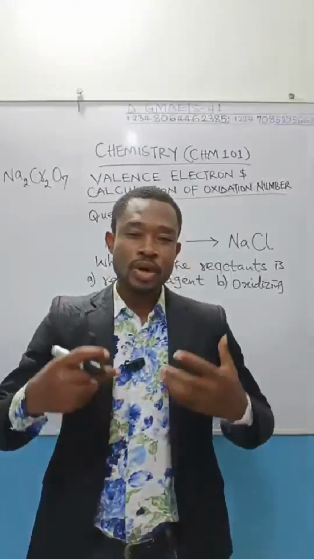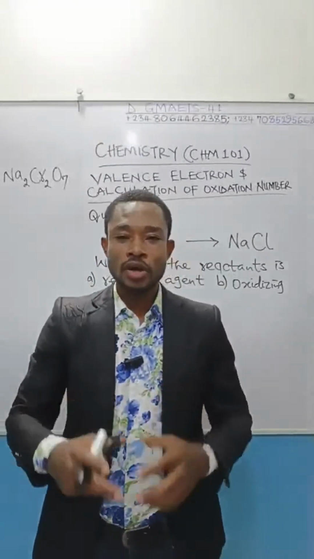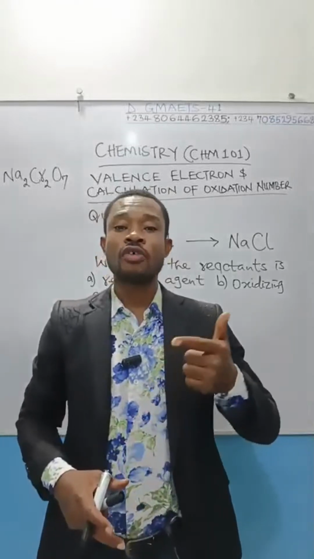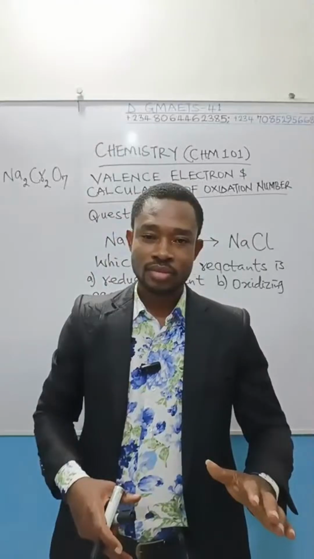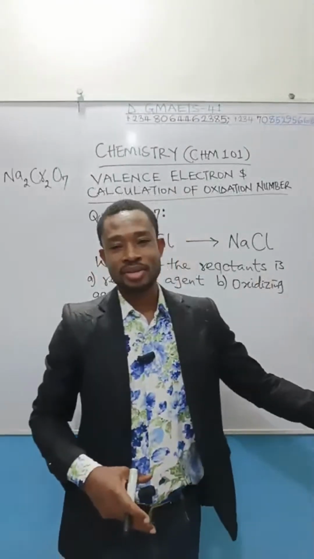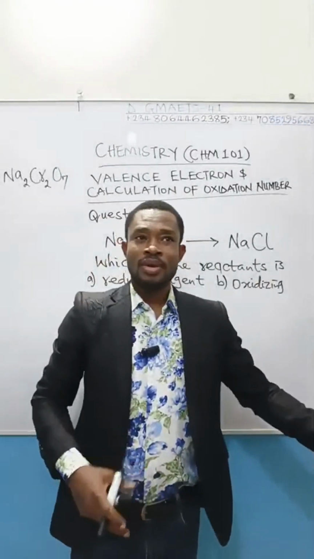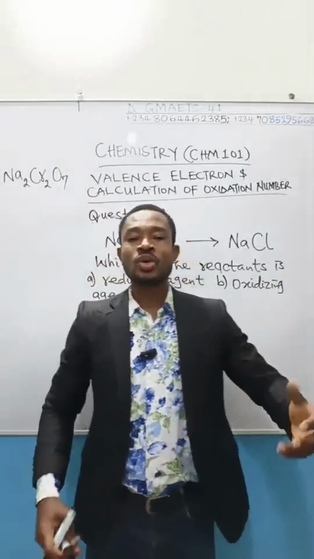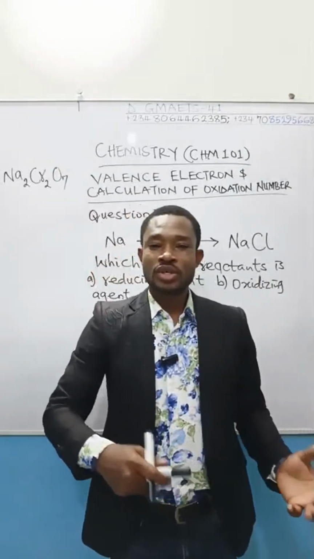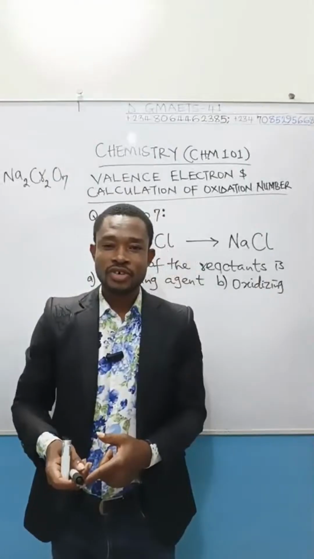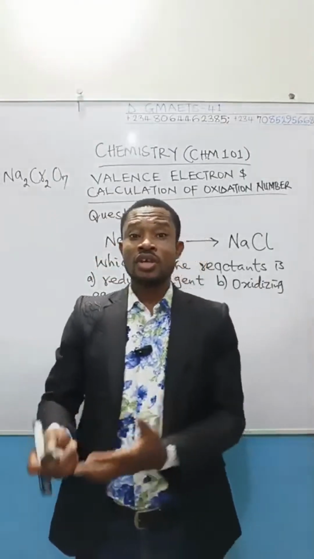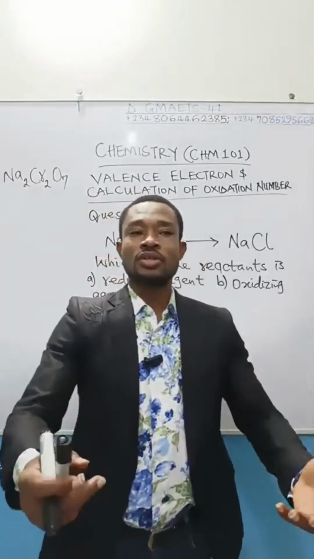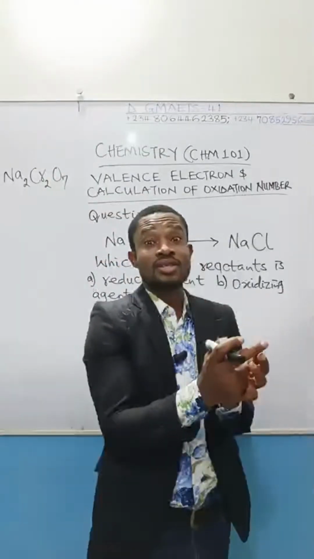I just want to open your eyes to how important this calculation of oxidation number is when you talk about redox reaction. Because it is under redox reaction you talk about what is oxidation, what is reduction, what is oxidizing agent, what is reducing agent.